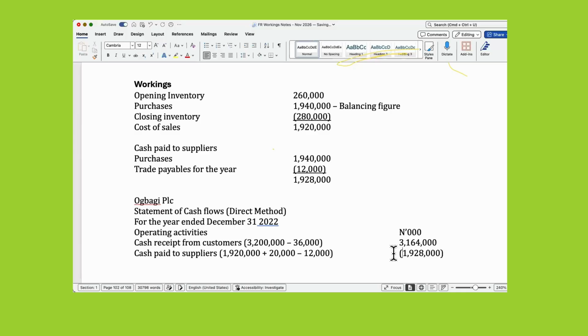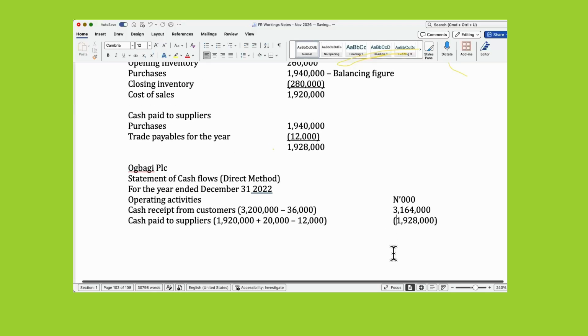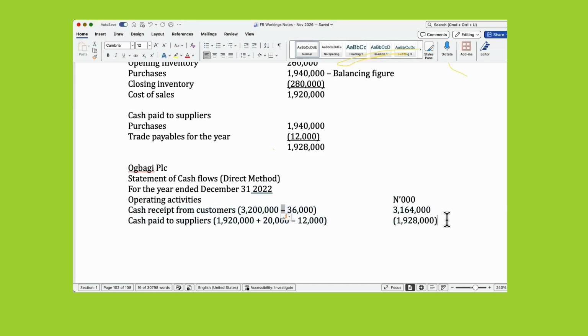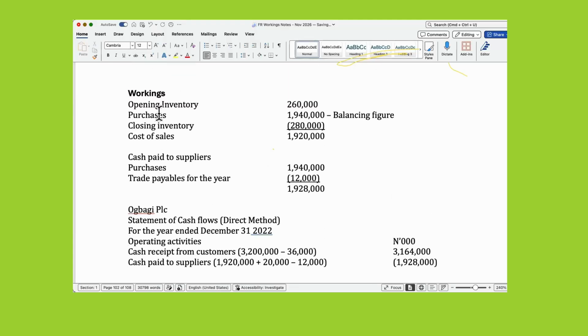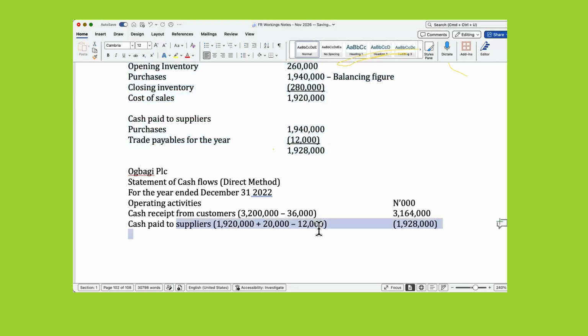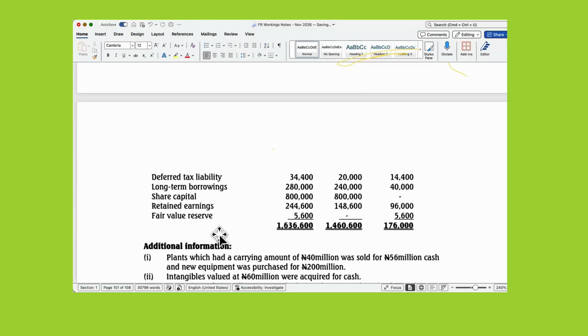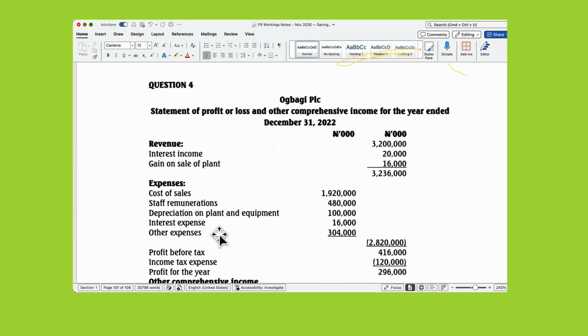But this is going to be an outflow because it's a cash payment. So for the direct method, this is the approach we use. It's left to you to choose this one or just practice how to do it like this always. Either one is fine. Then I'm done with my cost of sales.